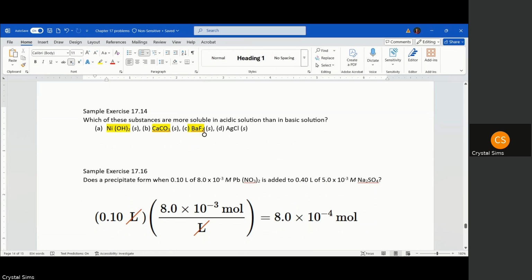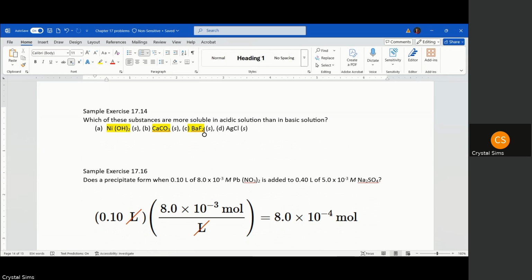First thing we need to do is figure out how many moles of lead(II) are in 0.10 liters of the lead nitrate, because we're saying 0.10 liters of 8.0 times 10 to the negative 3 molar lead nitrate.